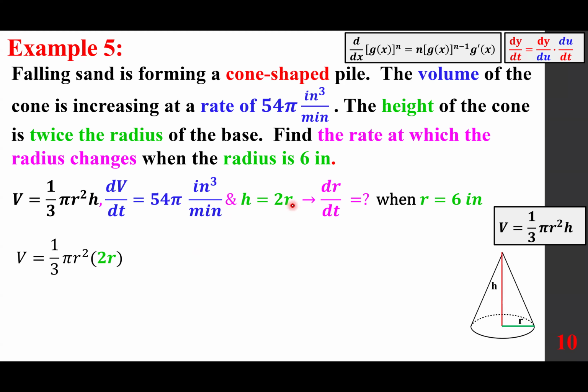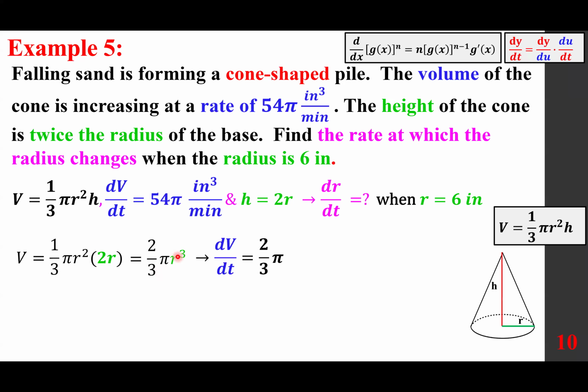So let's do so. And so this becomes 2/3 pi r cubed. To differentiate this, we're going to write dV/dt is 2/3 pi, because 2/3 pi is just a coefficient, a number, a multiplier.